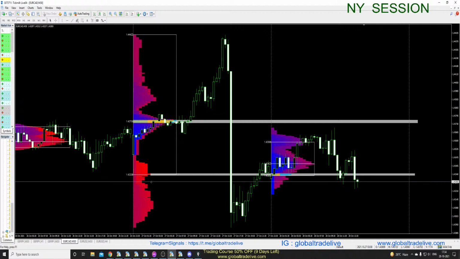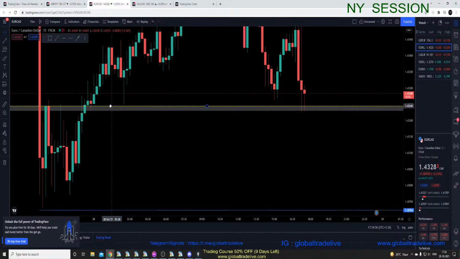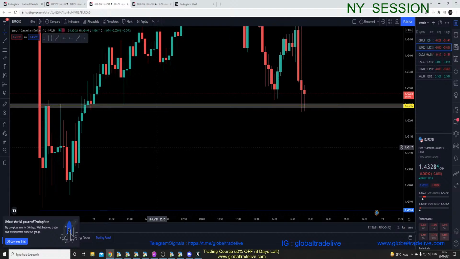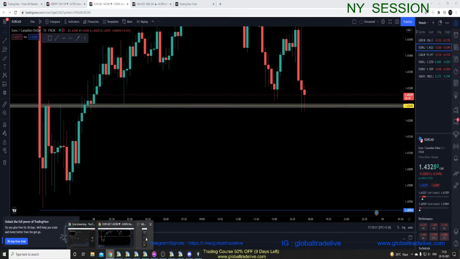So this is a zone over here. Let's see if the market crosses below this zone or not. Yeah, this is the same zone. So we have this clean range, but there should be a candle closing below 1.43245.